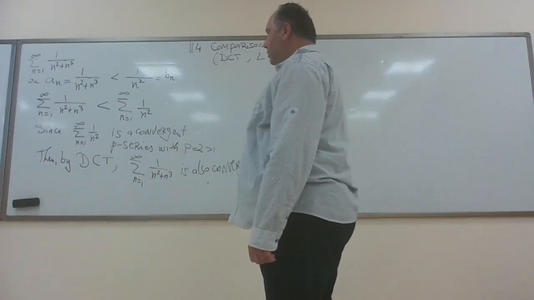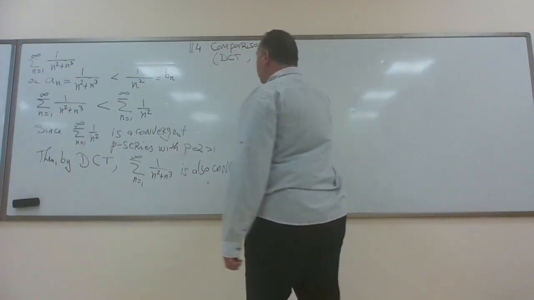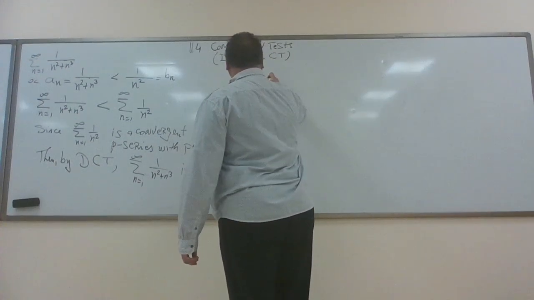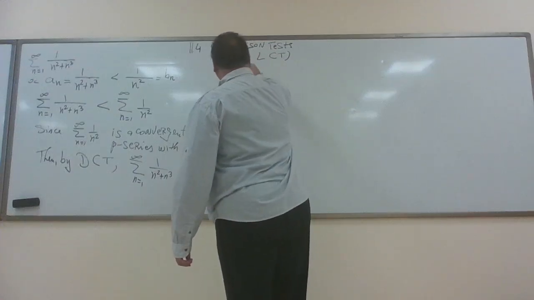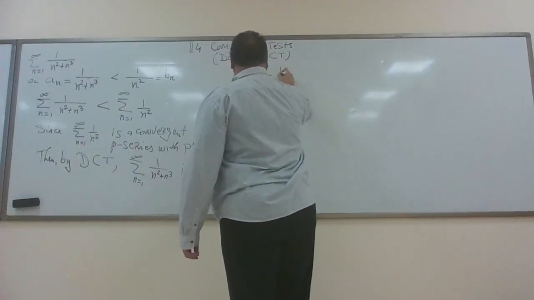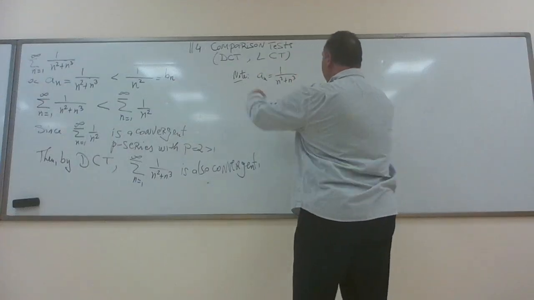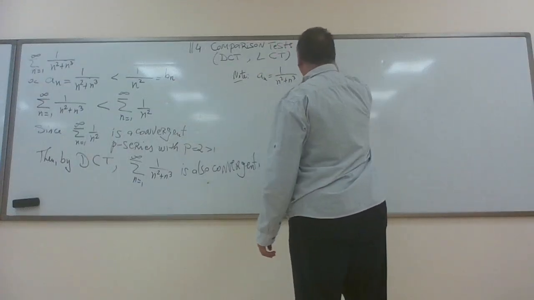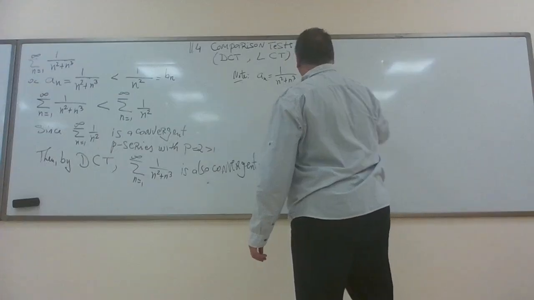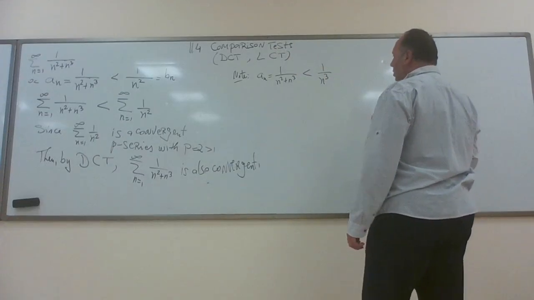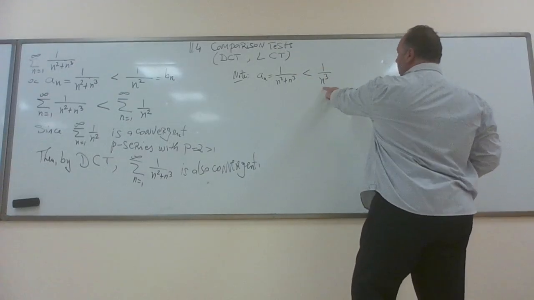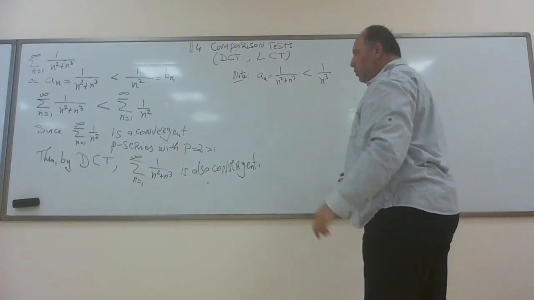So that's straightforward. Now one note, here we had these two pieces downstairs, so we said that this is smaller than 1 over n squared, but it is also true that this is the case. So again, we would have a p series with p equal 3, it would be convergent still.